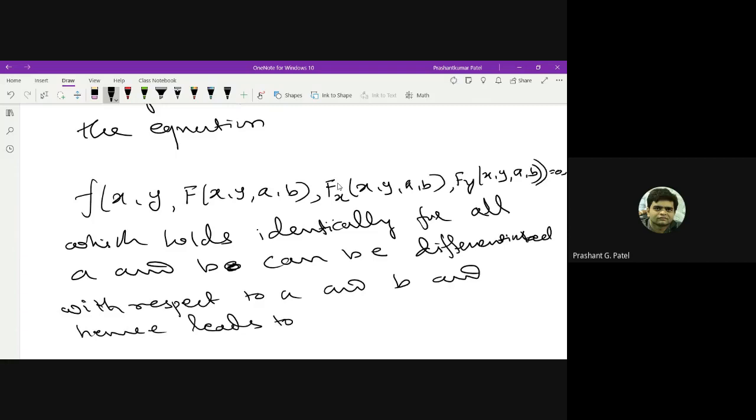So what is this function f? Now we have to differentiate this with respect to a and b. The a and b are here, here and here.